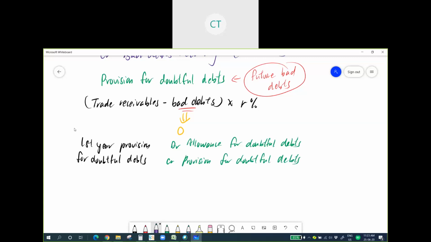Alright, so the first one is an expense of a company. The second one is under current asset but negative. This is during the first year.